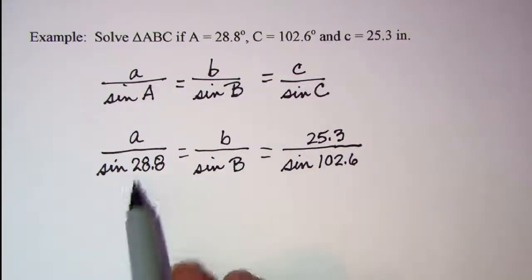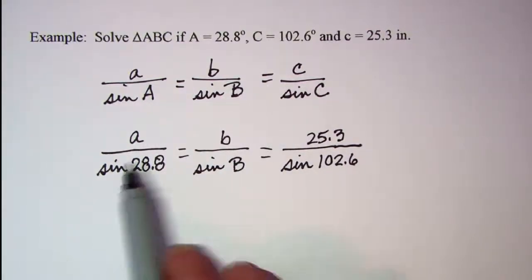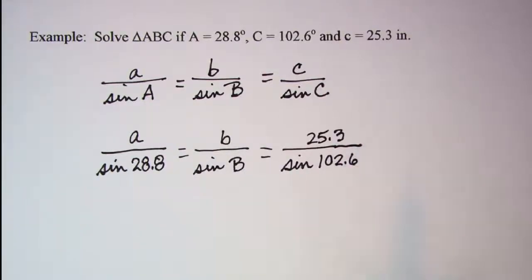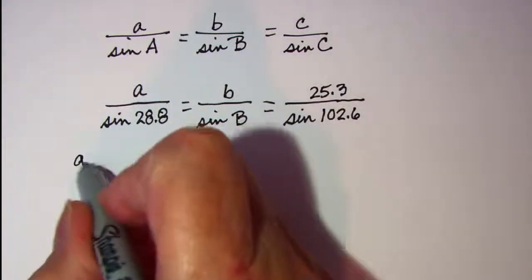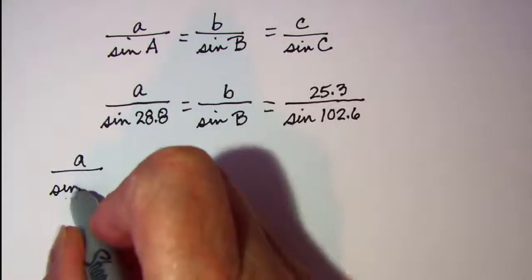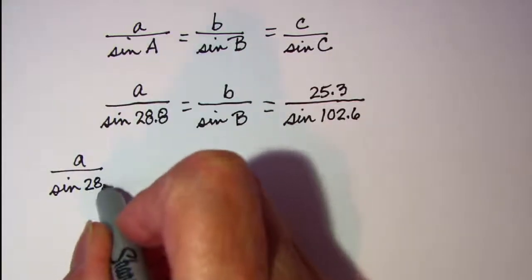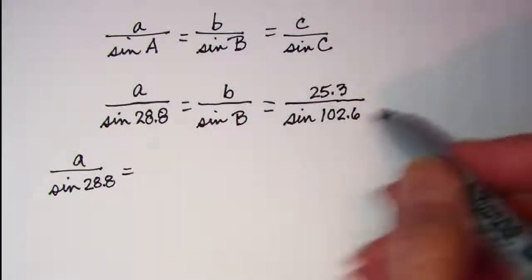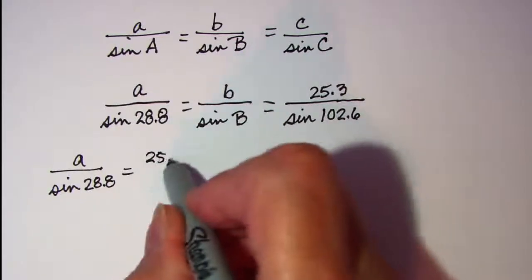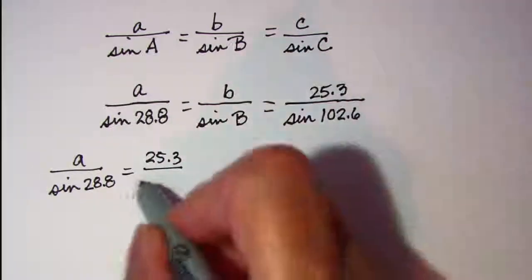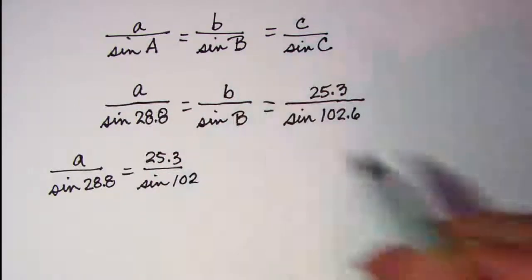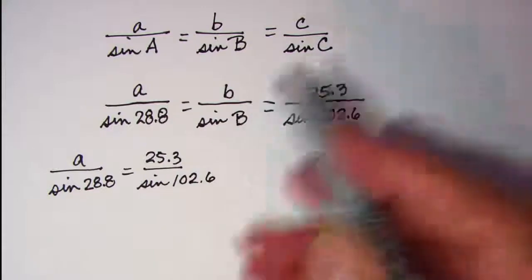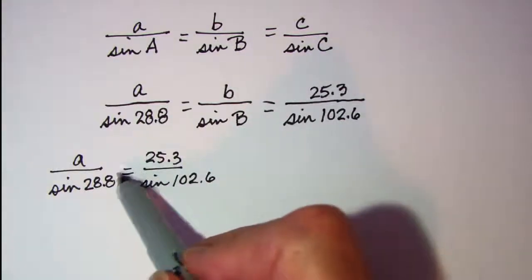Right, so we're going to use this first ratio and the last ratio to find side a, and we do that by cross multiplication.